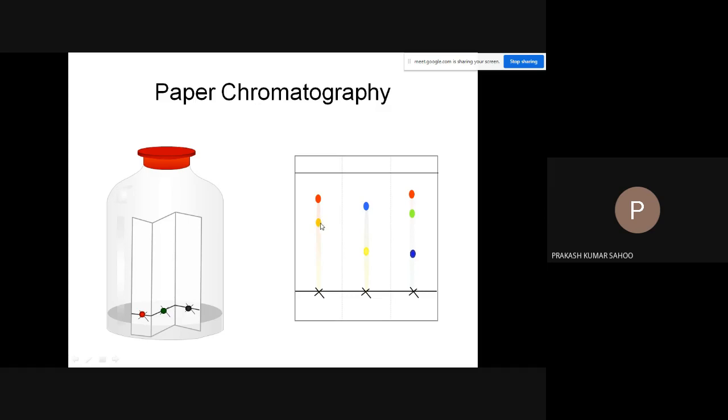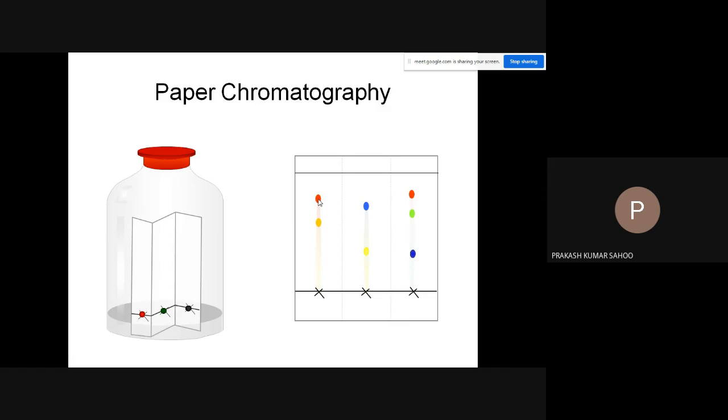So the constituents which are below, these three, have more attachment to the static phase as compared to this red component, which has lower polarity.